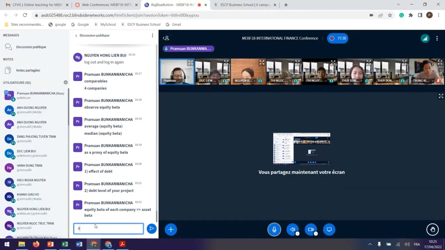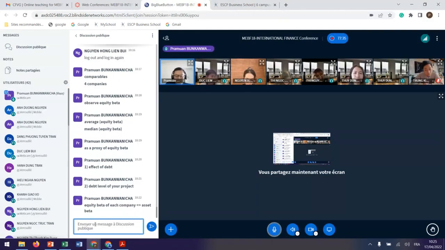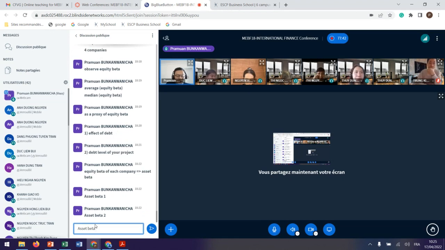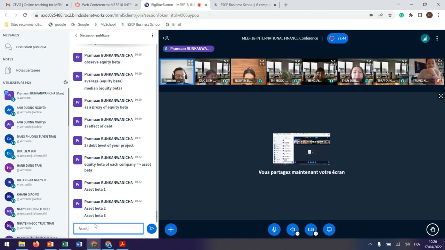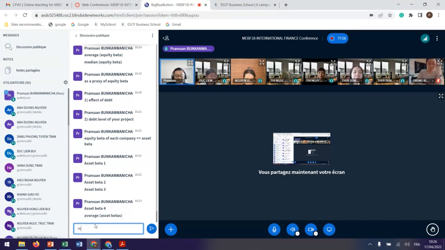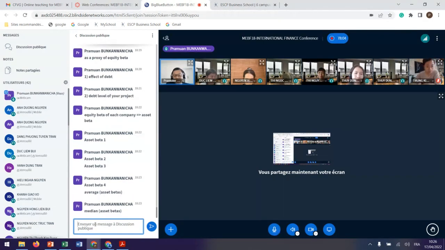Once you get asset beta 1 of the first company, asset beta 2 of the second company, asset beta 3 of the third company, and asset beta 4 of the fourth company, you compute the average of the asset beta of the four companies, or you compute the median.